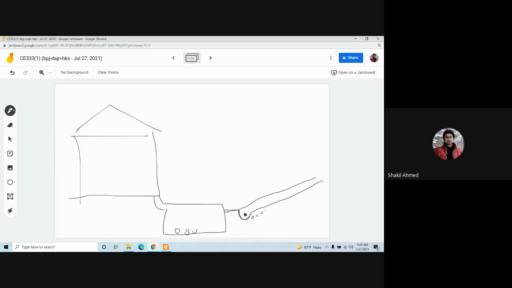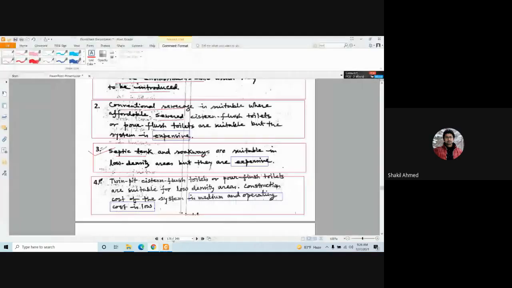So while traveling through the pipe, the liquid portion may infiltrate into the ground, and eventually it filters out. Okay, this is called a soakway. Clear?